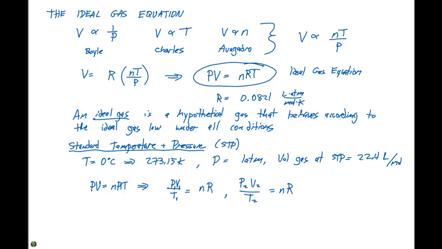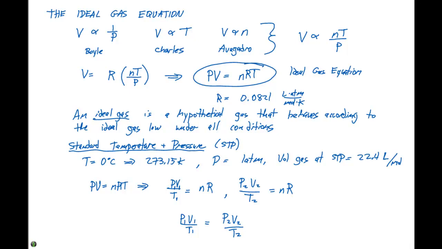So if we set the NR equal to each other and set up this equation, we can derive something that says P1 V1 over T1 is going to equal P2 V2 over T2.